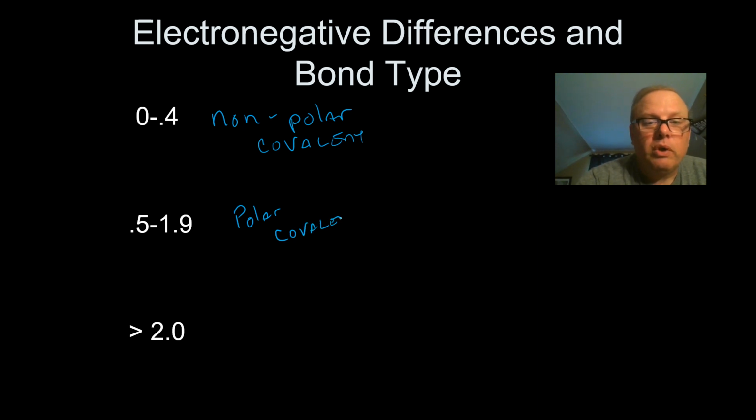The bond is polar, and the bond is covalent. If it's over 2, it's completely and totally ionic. Also, if it contains a metal, we always go ionic. So these are our values.